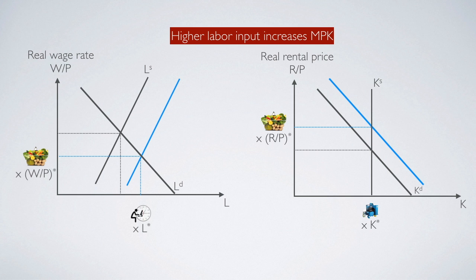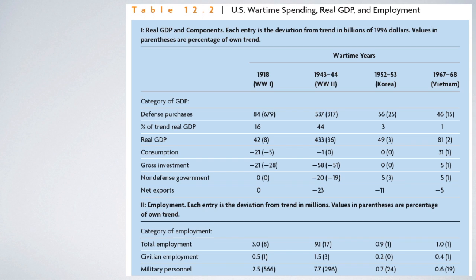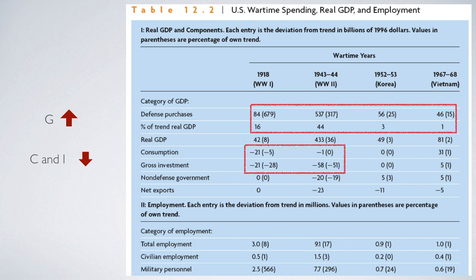Now we can use what we know from the impact on the input market to analyze what happened when government purchase increased due to wartime spending. This is a table that reflects the U.S. wartime spending, and we know that during these 4 wars, government purchase increased, and with the increase of government purchase, indeed we see that consumption drops.